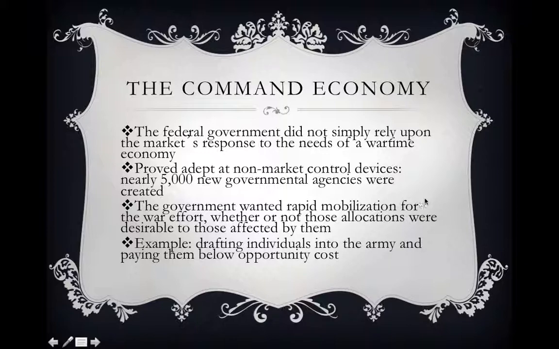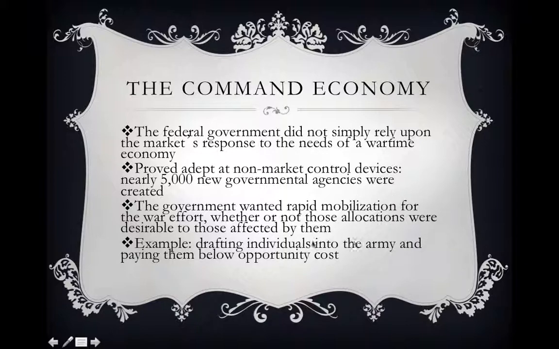The government needed these because it needed these resources to build the army, to help feed their allies in Europe, etc. And it was irrelevant to them who was adversely affected by this allocation of resources, whether prices went up for certain individuals or other individuals couldn't get certain commodities. That was irrelevant because the government and Congress deemed it necessary to take these allocations of resources and allocate them to the government and away from private individuals.